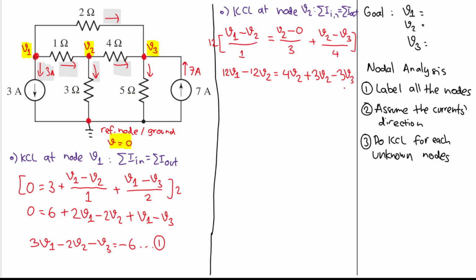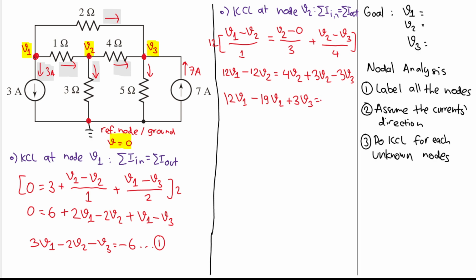Okay, we can just move things around here. So we will have 12V1 and then minus 19V2, and then, yeah, I think we will have this one, so I will have plus 3V3.